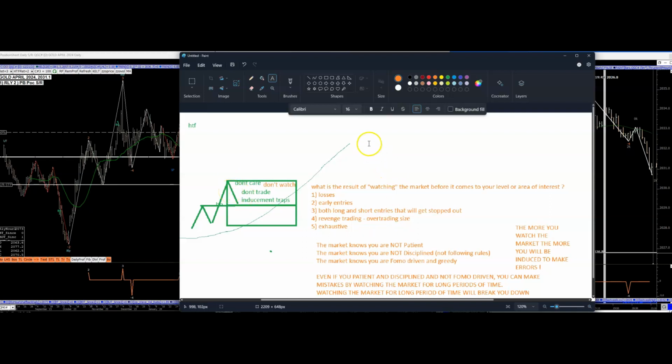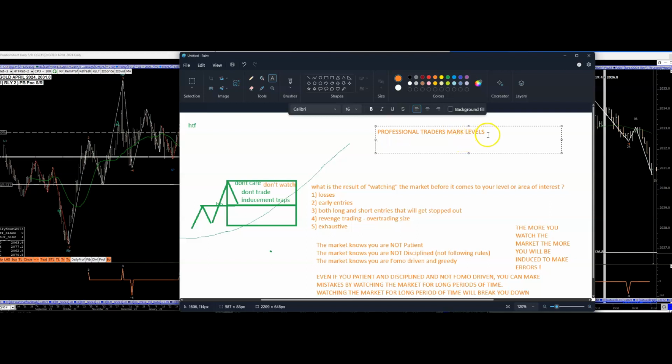So if you look at professional traders, they mark levels.